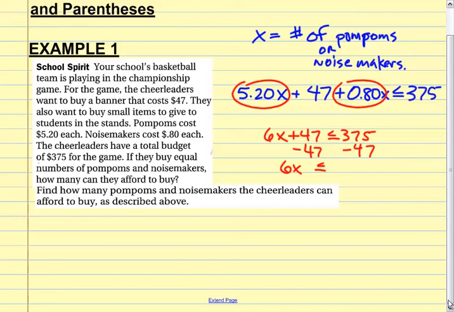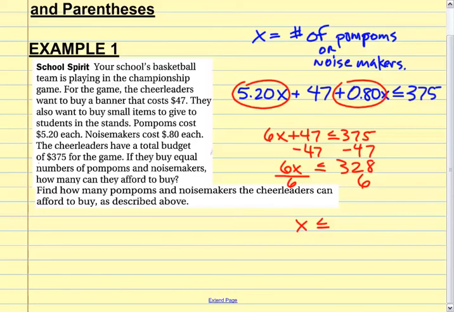375 minus 47 is what? 328. And then what do I do from there? Divide each side by 6, and x needs to be less than or equal to what?